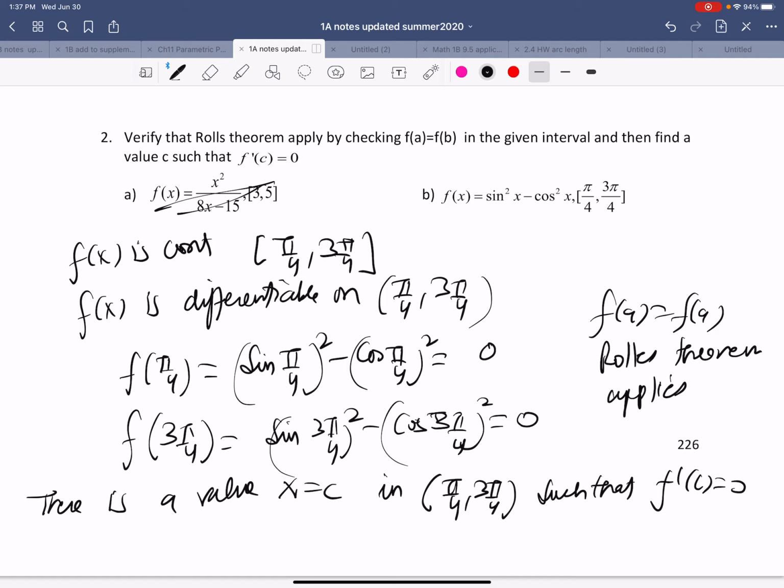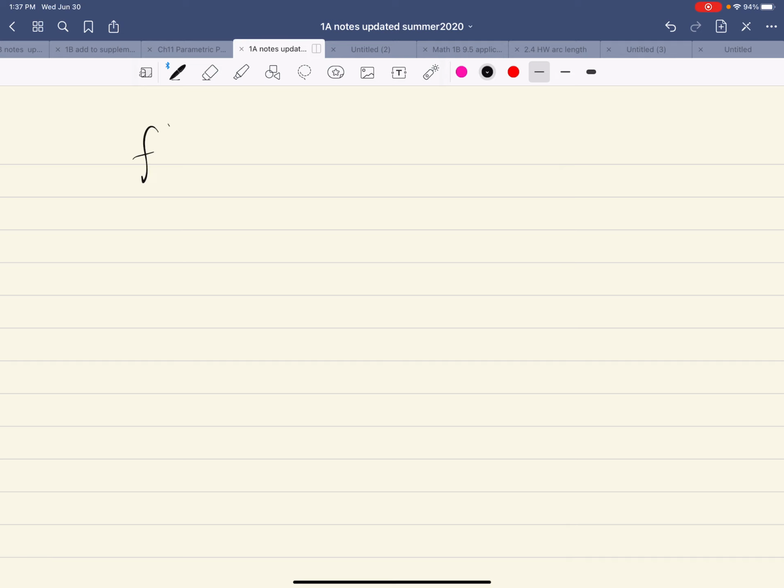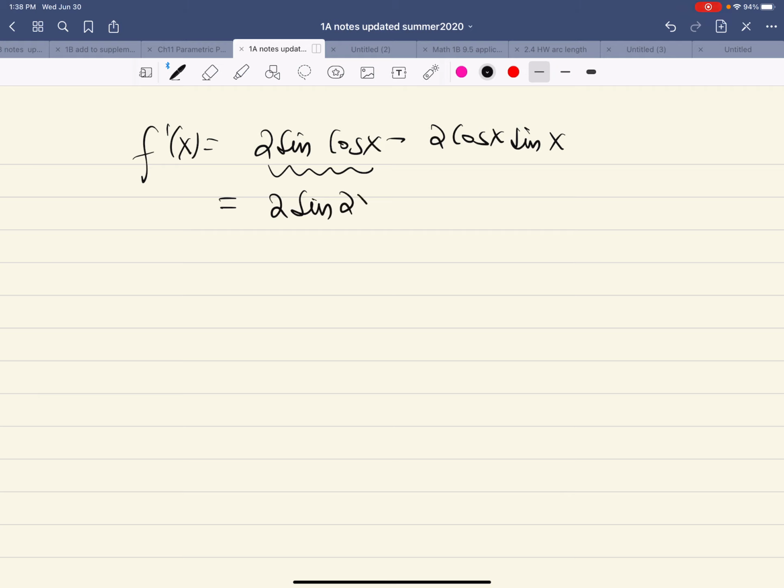If you want, you can write it in terms of c, or you can just write it in terms of x. Okay, so f prime of x would be 2 sine x cos x minus 2 cos x sine x, right? This is sine 2x, since 2 sine theta cos theta is sine 2 theta. So it's going to be 2 sine 2x.